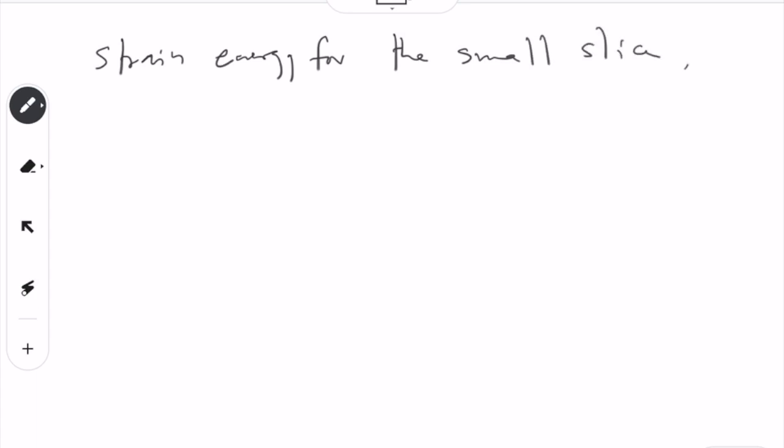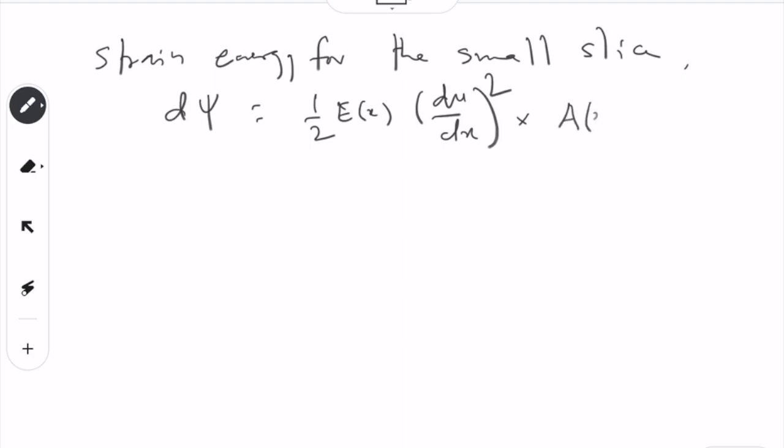Let us call it d psi, and it will be equal to half E x, du over dx squared, multiplied by Ax multiplied by dx. So this is the strain energy for the small slice.